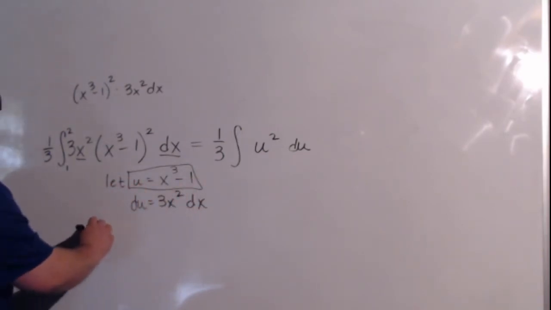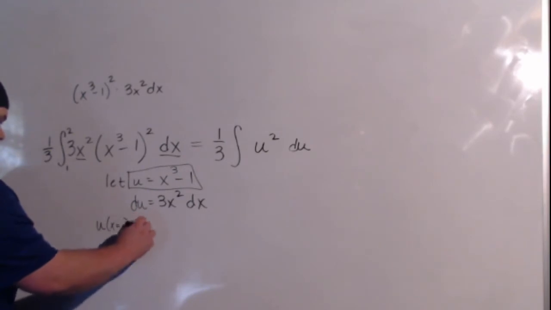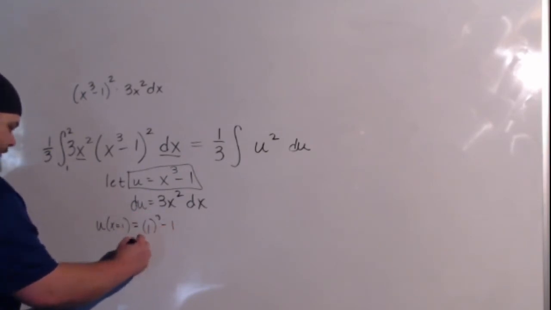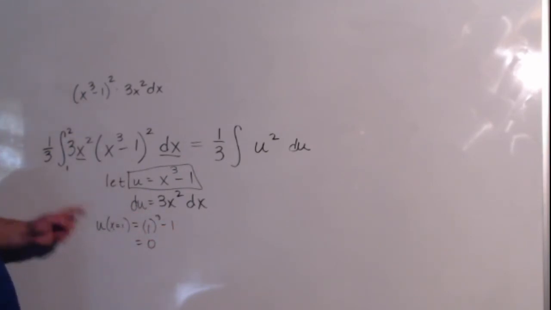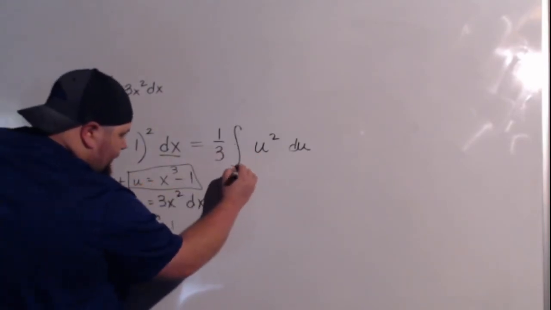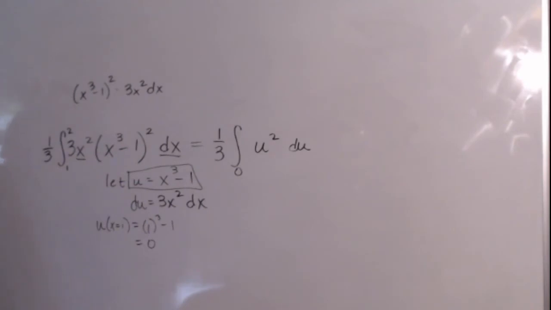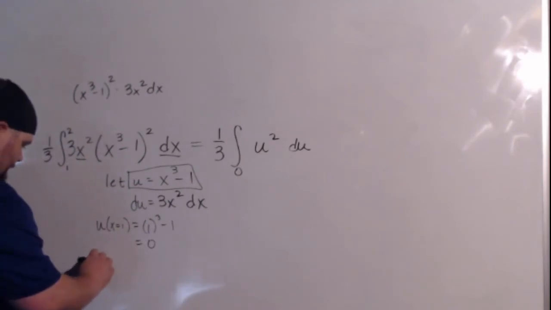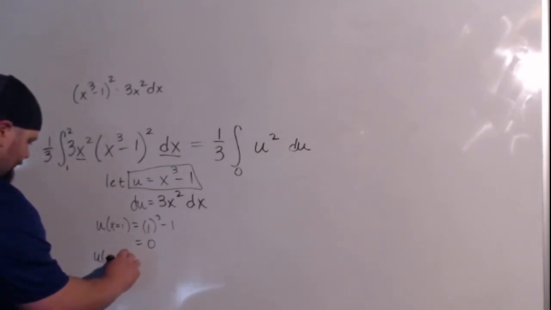So, what is u when x equals 1? Well, that's 1 cubed minus 1. That's 0. So my bottom bound for u is now 0. And what is u when x equals 2?